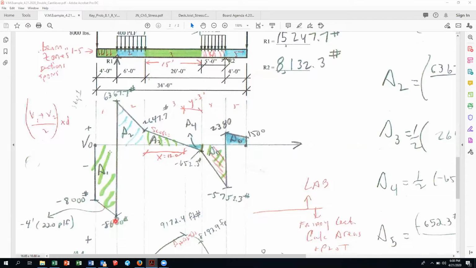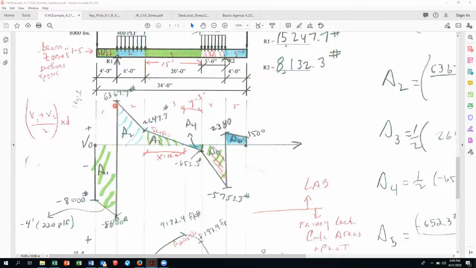I could ask you the value of this point. Well, if you know the value of the shear at this point, all you have to do is take the reaction and add it to that negative 8800. That's going to give you a positive 6367.7.